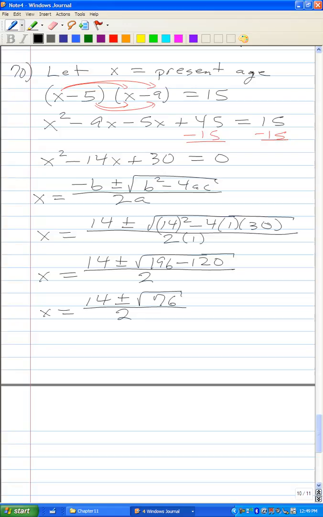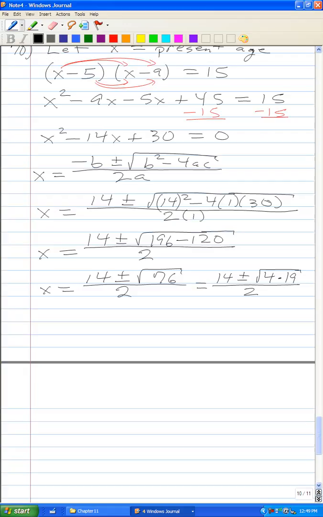Let me write 76 as the product of 4 and 19, a product with a perfect square. And so 4 is the largest perfect square factor of 76.